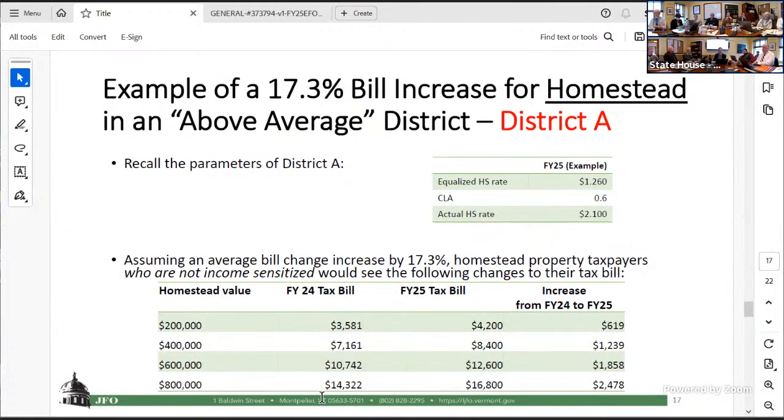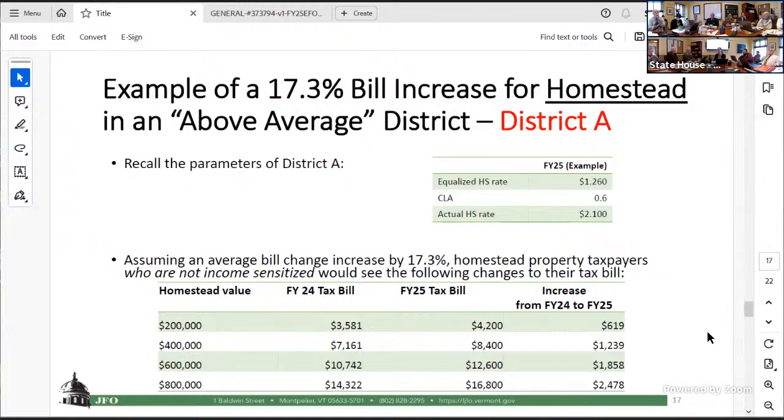Next, going to District A, which I labeled the above average district. Maybe there was a better way to label it, but essentially this is a district with an actual homestead rate that's greater than the district we just looked at. In this example, we can see that while these property taxpayers would also be seeing a 17.3% average bill change, the absolute value of that average bill change differs from the prior district.